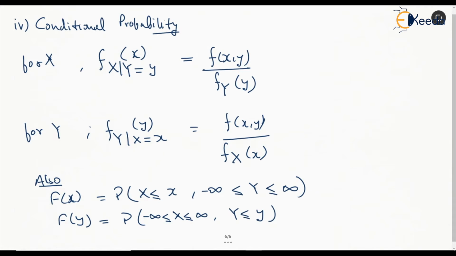So this is the distribution. If we are finding the distribution in terms of x, we can integrate over the entire region defined, that is minus infinity to infinity, for y, making sure that x is less than or equal to that small x. Similarly for y, up to that small value y, right?